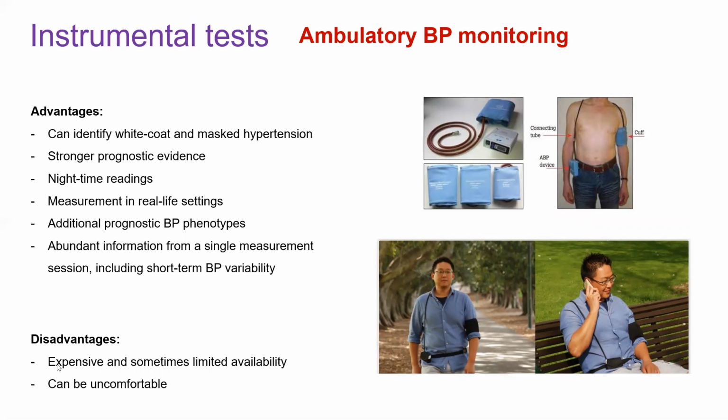Disadvantage: it is of course more expensive and sometimes availability is limited, and sometimes it can be uncomfortable because this equipment automatically measures blood pressure every 15 minutes at daytime and every 30 minutes at night time.